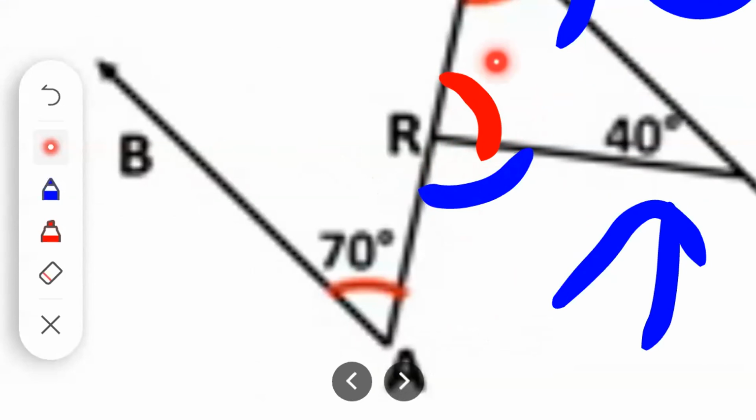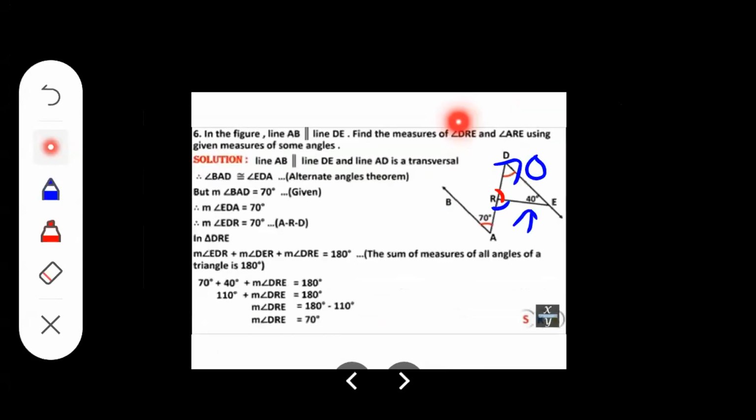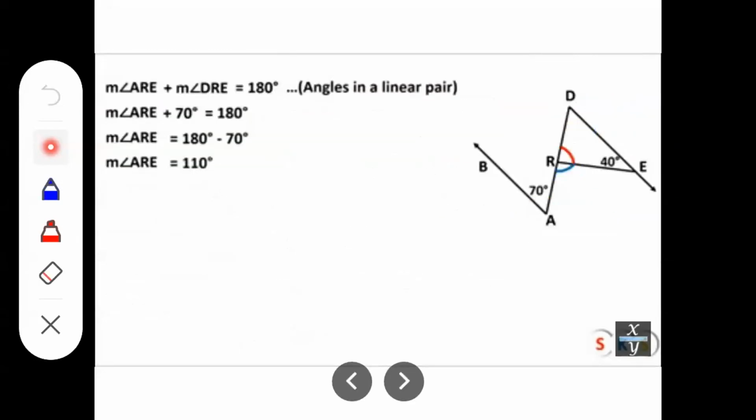So let's write the solution for that angle ARE. Okay, ARE means this one. ARE, this angle plus angle DRE, this one. Okay, so two angles are marked here in red and blue color.